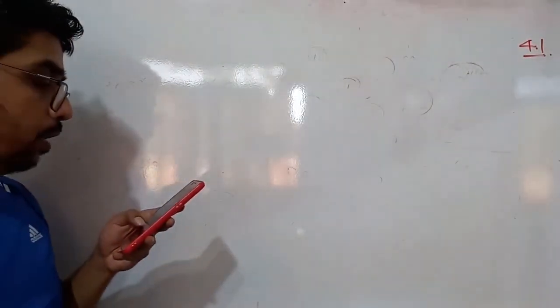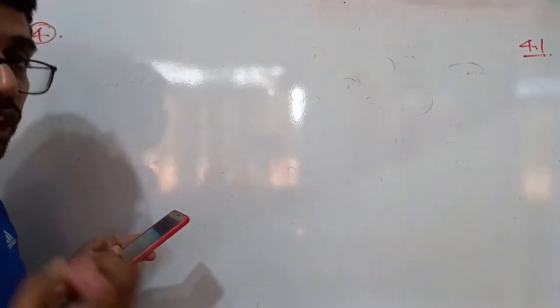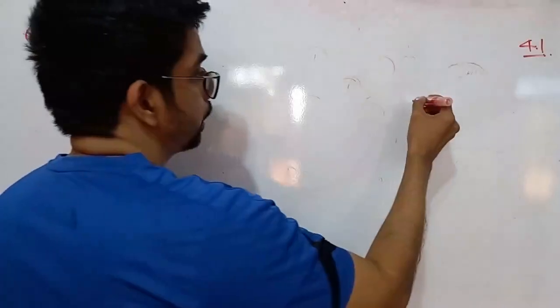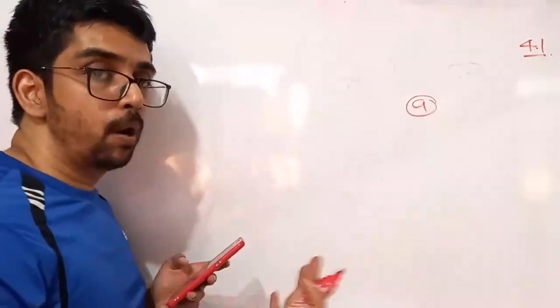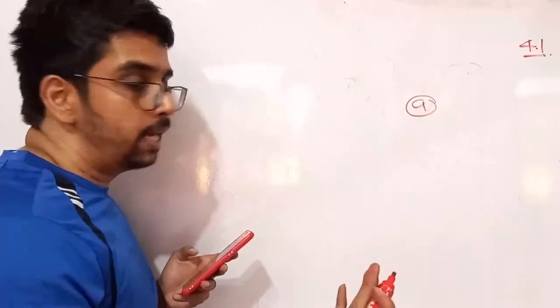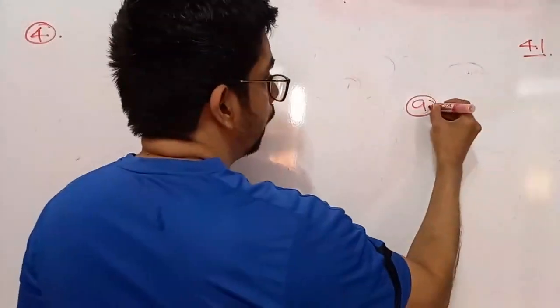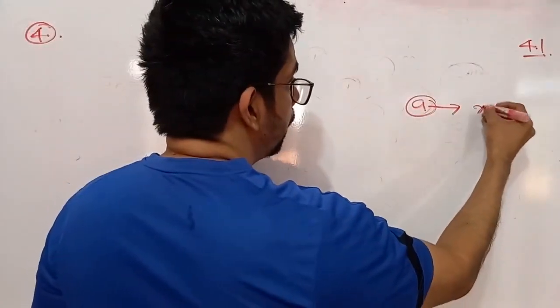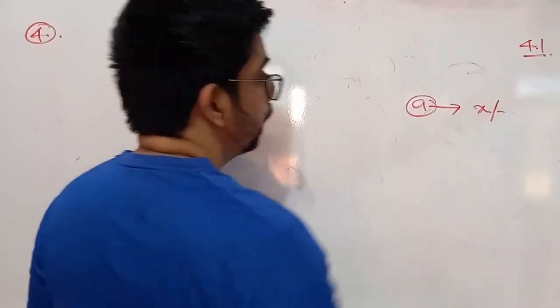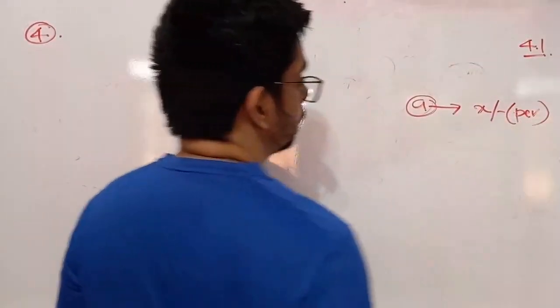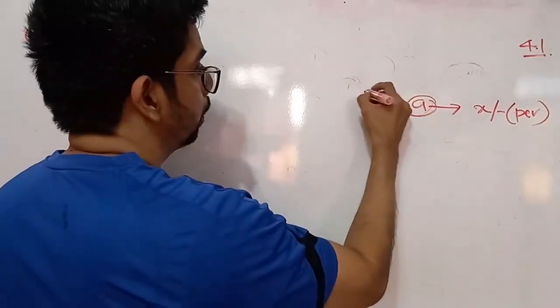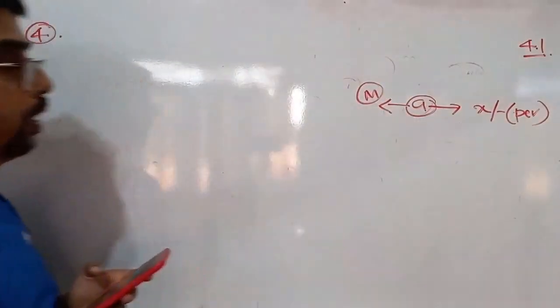A child bought A mandarins which were priced at X rupees each. So the child bought A mandarins, we don't know the amount, but each one was bought at X rupees.